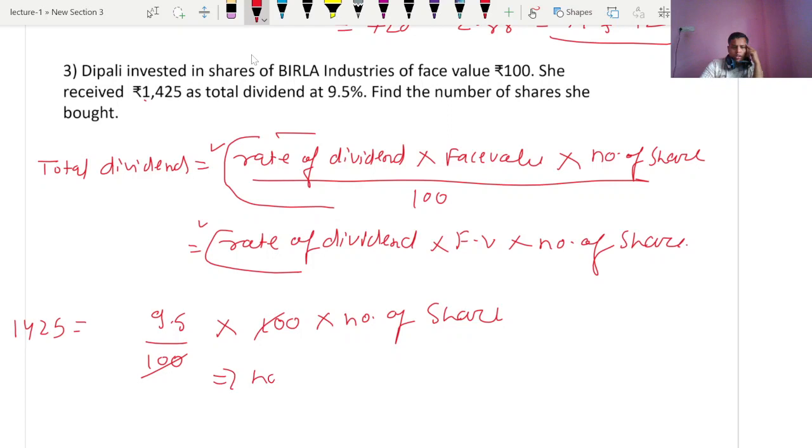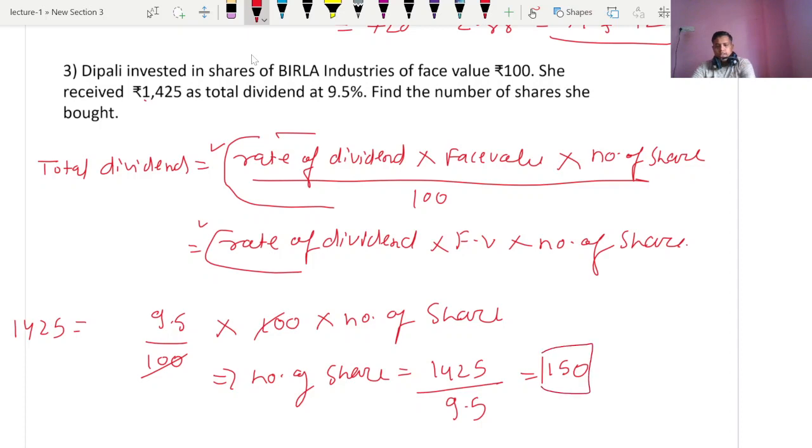So the number of shares is equal to 1425 divided by 9.5, which is equal to 150. So he has bought 150 shares. Correct? So this is the answer.